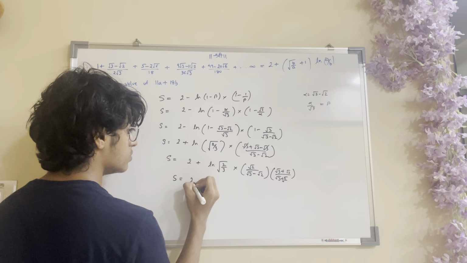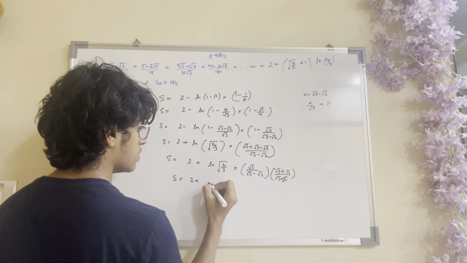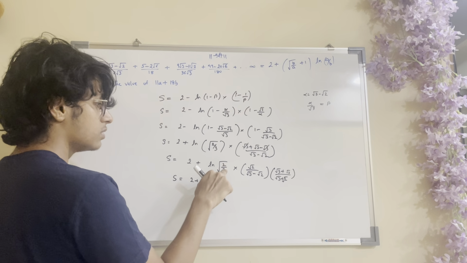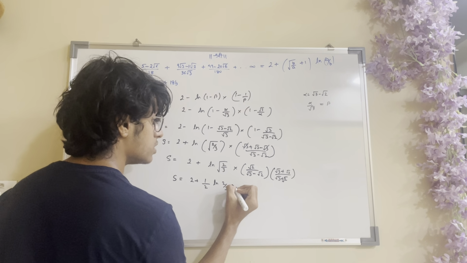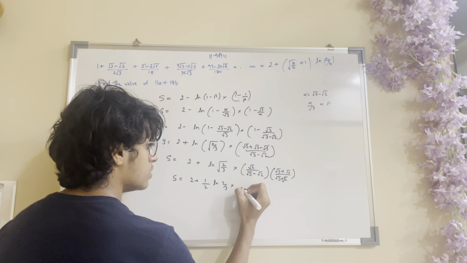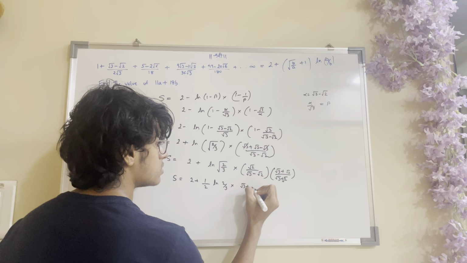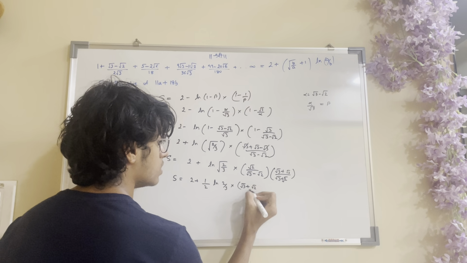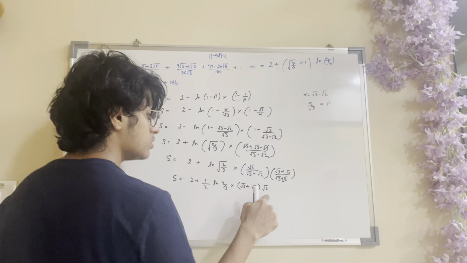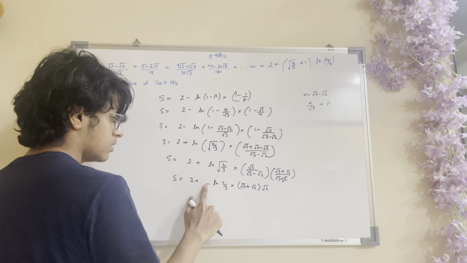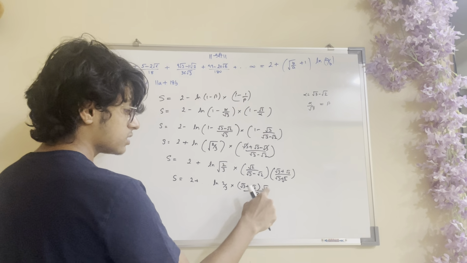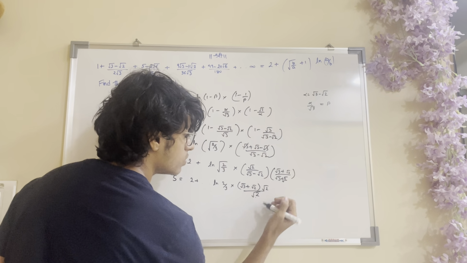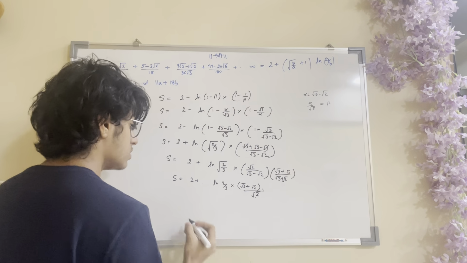This is equal to 2 plus half, because this is 2 by 3 whole power half, ln 2 by 3 into (root 3 plus root 2) into root 2. Here we have a 2. This gets cancelled, and here we have root 2 in the denominator.